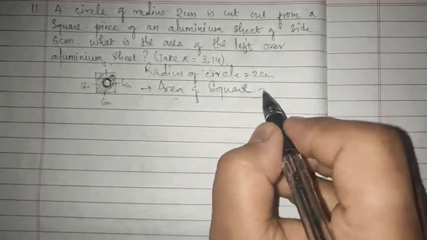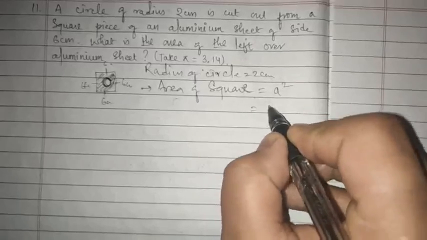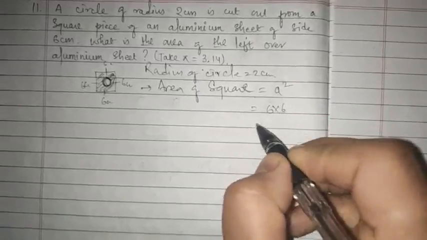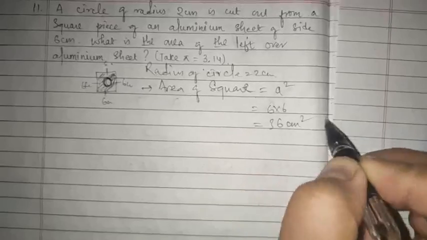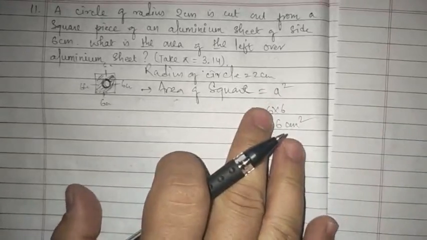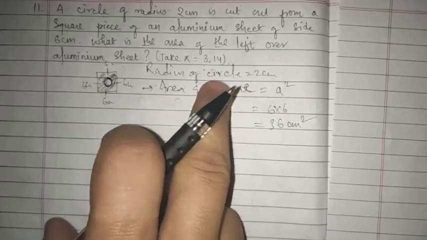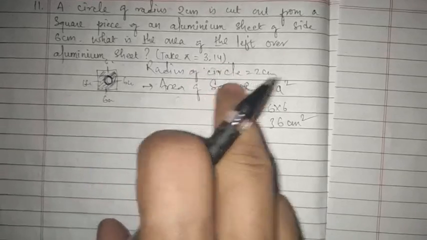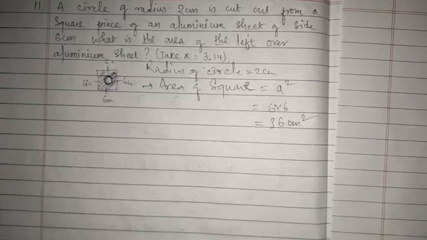Now area of the square formula is a square. a square is 6 into 6, which is 36 centimeter square. This part I am doing very roughly. After getting the square, you'll find the area of the circle also, then subtract it. Okay, easy, no? After doing so, you'll get the answer.